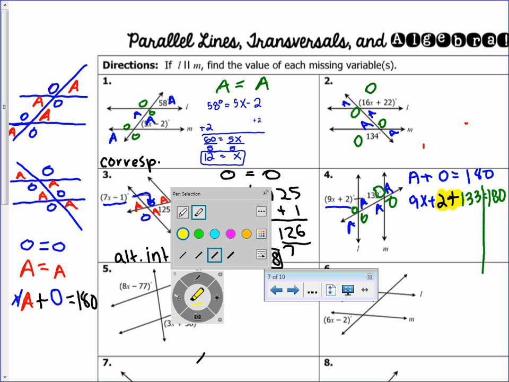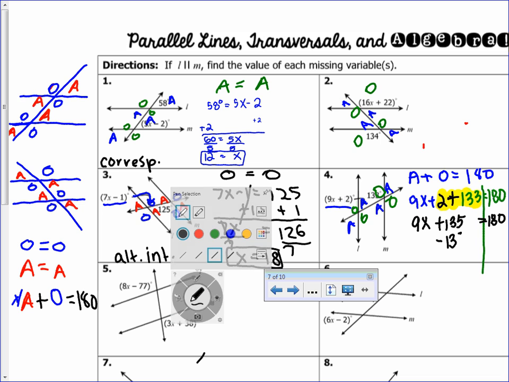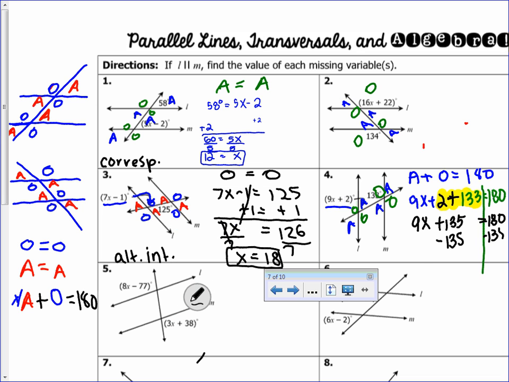So I need to combine 2 and 133. And I get 9x plus 135 equals 180. Then I'm back to simple math. Subtract 135 on both sides. I get 9x equals 45. And x equals 5. My final answer.